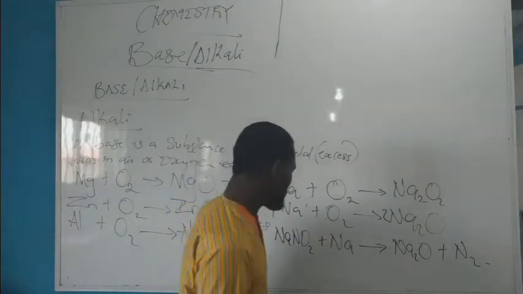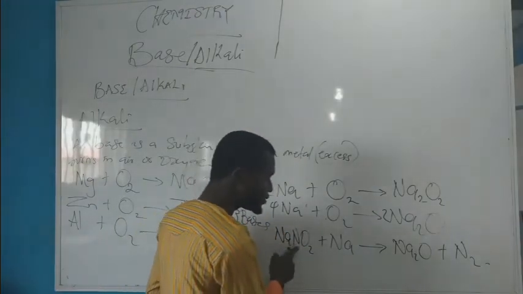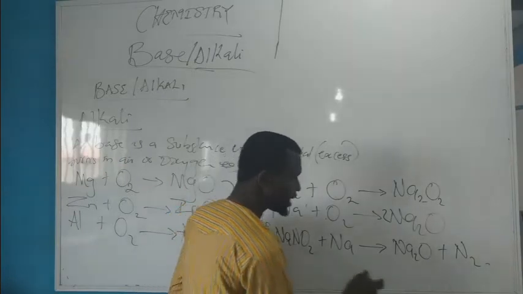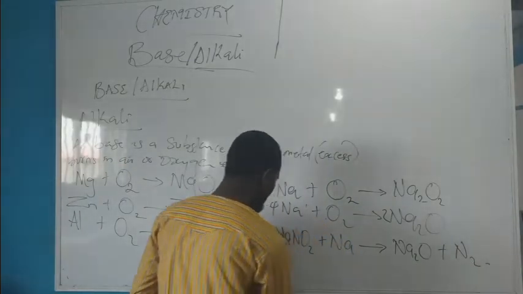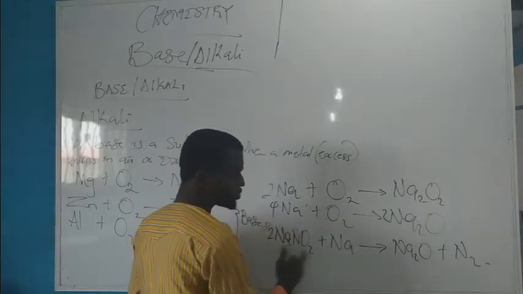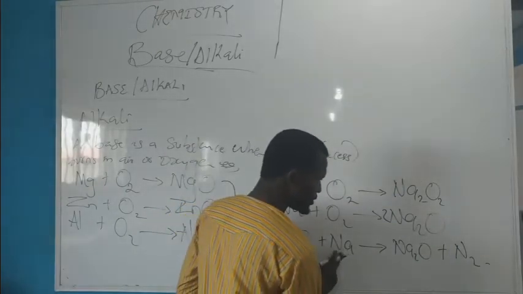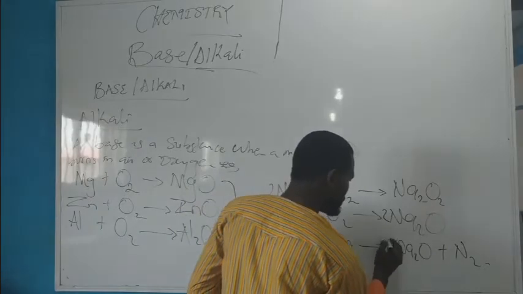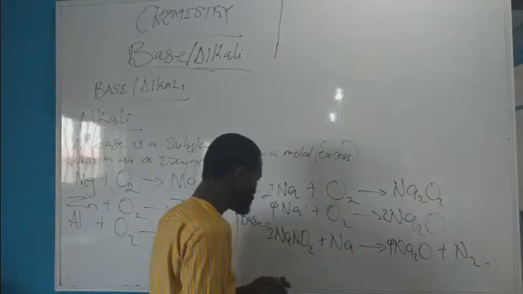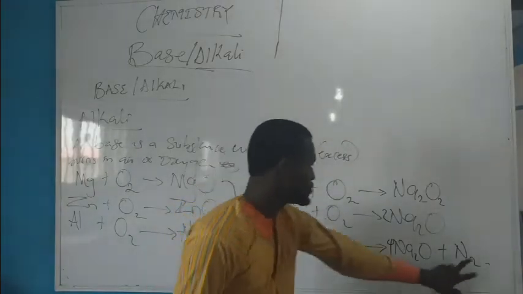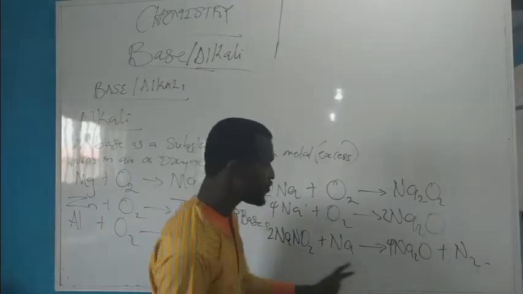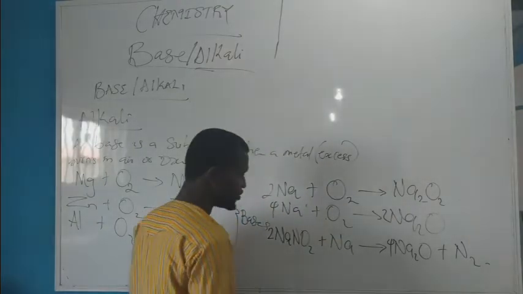Nitrogen here is 1. Nitrogen here is 1. Nitrogen here is 2. So we put 2 here. Nitrogen here is 2. Nitrogen here is 2. Sodium here is 2, plus 1 here. If we put 2 here, we put 4 here. Now, nitrogen here is 2. Here is 2. Oxygen here is 4. Oxygen here is 4.